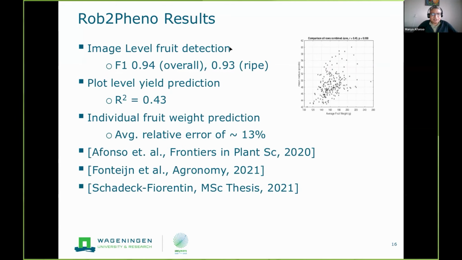In terms of the results, we've obtained quite good results at the image level for the fruit detection, for the fruit as well as the ripeness. But the plot level yield prediction was not as good as we had hoped, but this was because we used an approximation in terms of the delineation of the varieties.